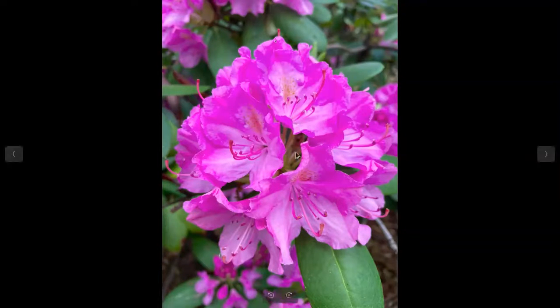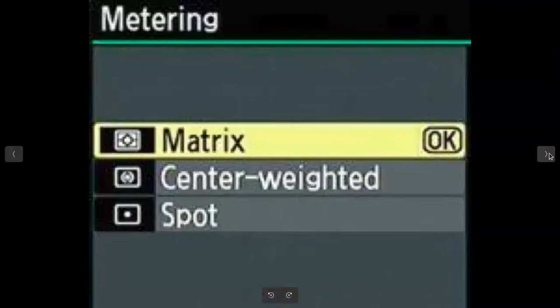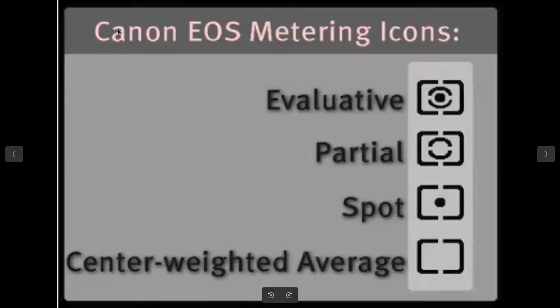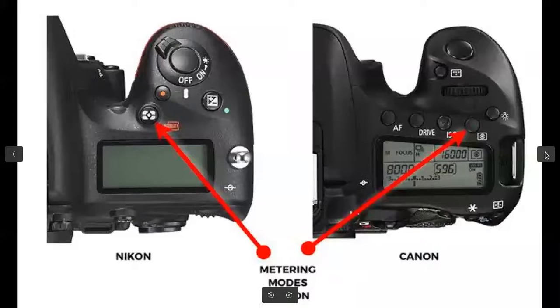But for partial, apart from the center, a very small area surrounding this center place is considered. So this is called partial exposure metering mode. One more exposure metering mode, particularly supported by Canon cameras. So apart from matrix metering, spot and center, they have a mode called partial metering mode, right?